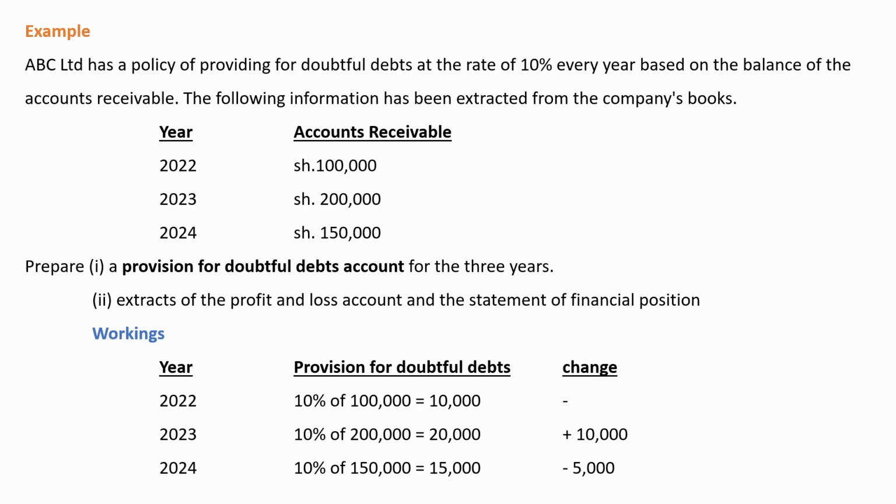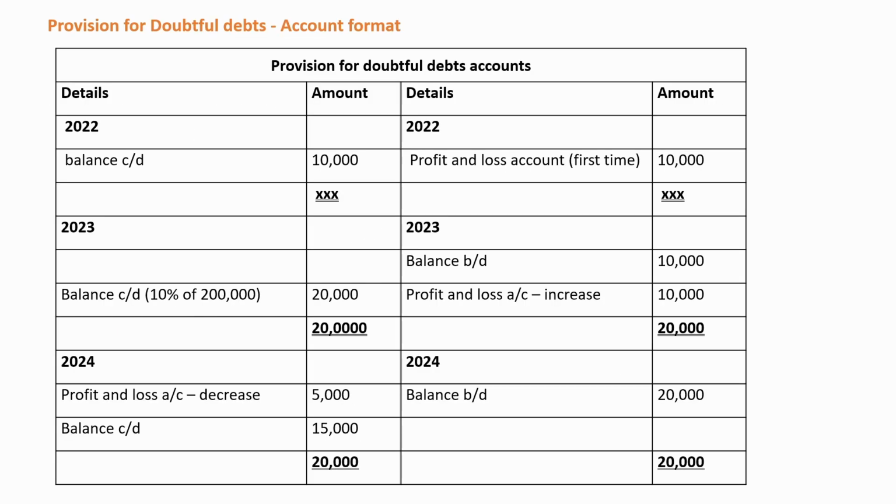So when you go to the provision for doubtful debts account, we are going to use these workings to know how much we are supposed to record. So let us start with the first one. We prepare a provision for doubtful debts account. So this is the provision for doubtful debts account. So we begin with the first year, 2022. We have taken 10% of 100,000.